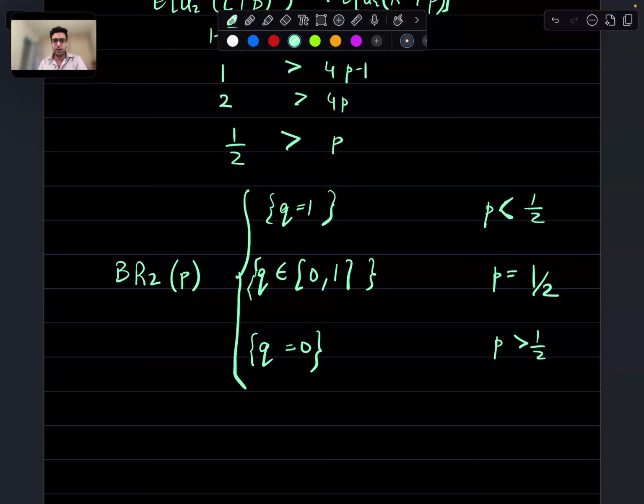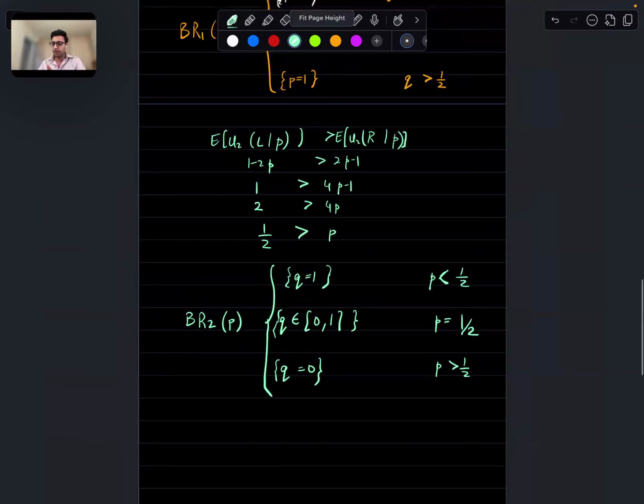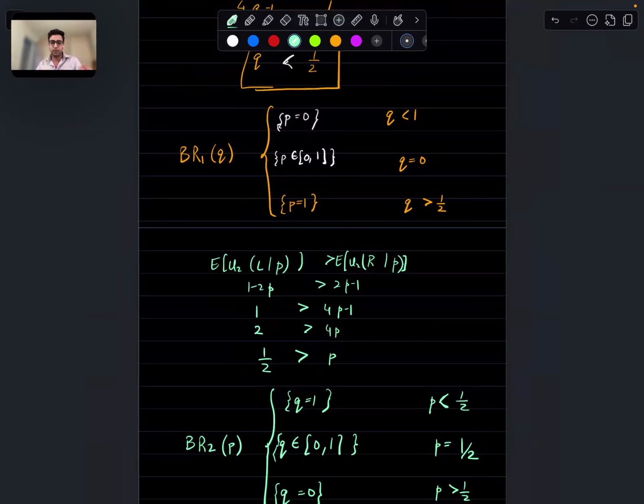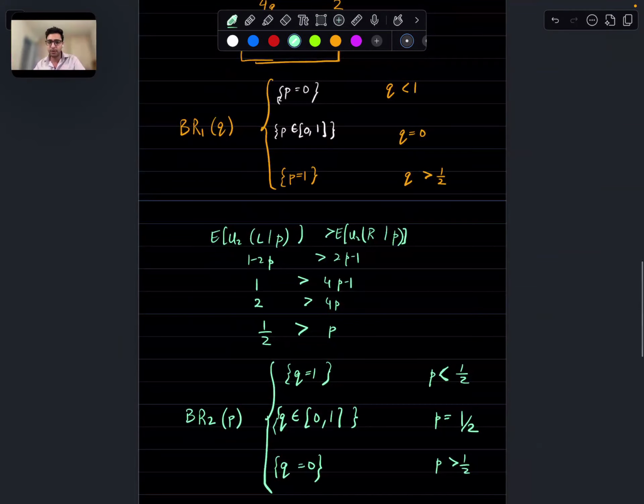Okay, so now we have our best response functions. All we need to do is plot them out in order to figure out where they overlap, and where they overlap, we will have our Nash equilibrium.